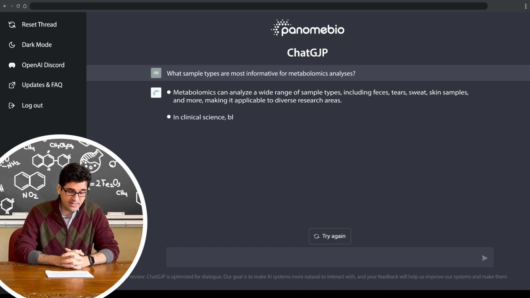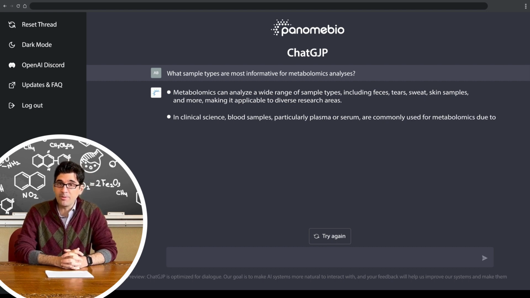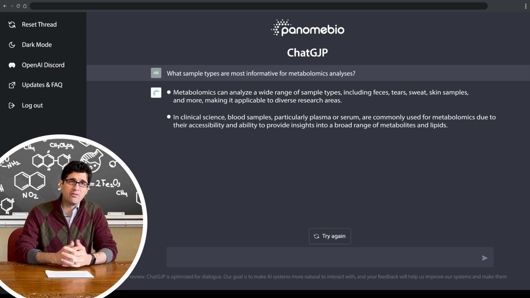Now the question specifically says, out of all of those different sample types, which are the most informative for metabolomics? And what I can say is that most commonly people perform metabolomics in the area of clinical science on blood samples, either plasma or serum. And probably the reason for that is that blood samples are the most accessible.